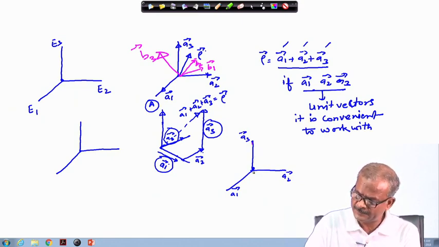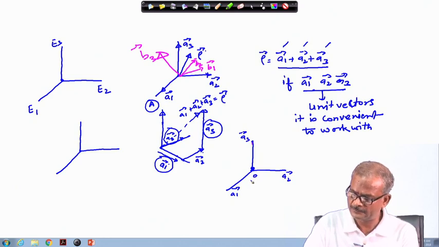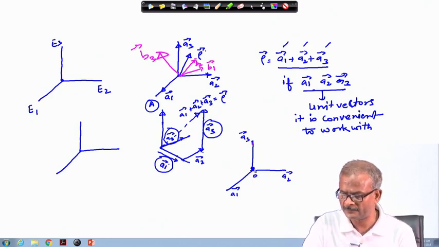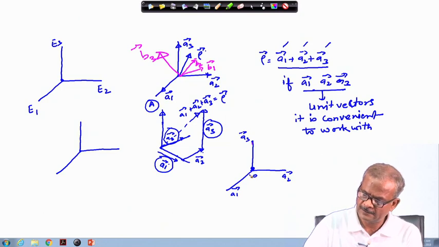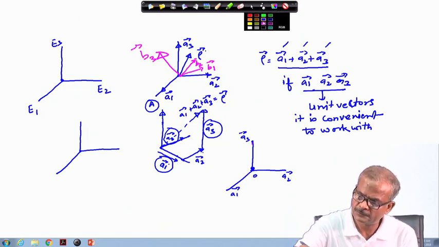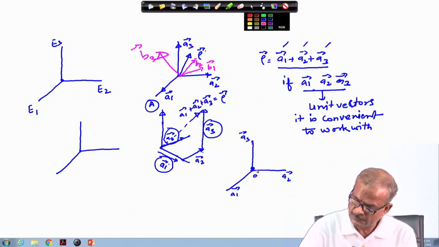So, this frame, suppose this is the point O and we rotate this frame about this point O. So, that in the new condition it looks something like this.